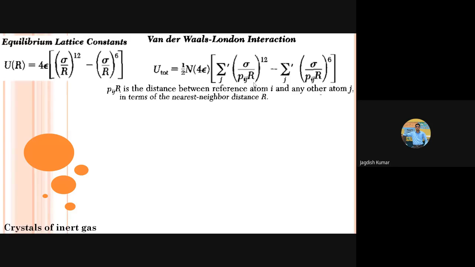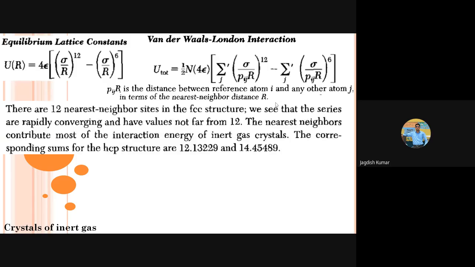So this r is just the nearest neighbor distance. The distance between reference atoms i and j is Pij times r, the total distance between i and j, and r is the nearest neighbor distance. That's what I told you just now.